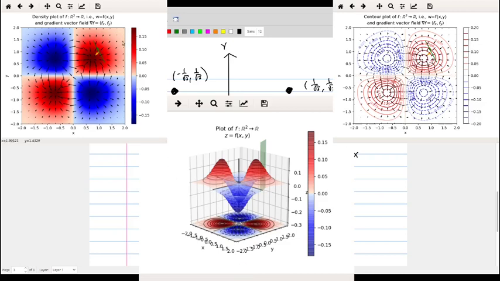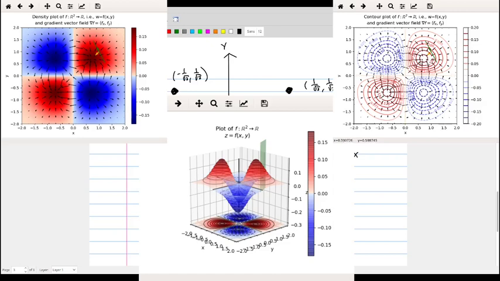But if we consider either the density plot or the contour plot, we're also seeing exactly this, and it probably shows it a little bit more clearly. The points plus L, plus L and minus L, minus L are local maximums of our function, because the gradient vector is pointing in around each one of these points.